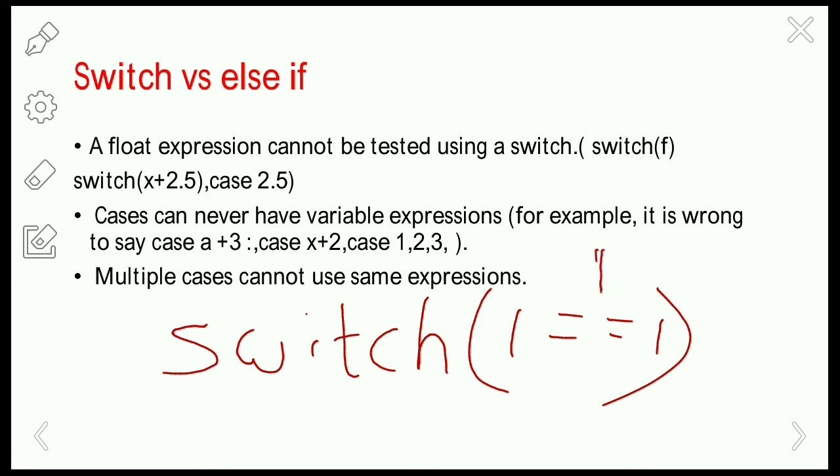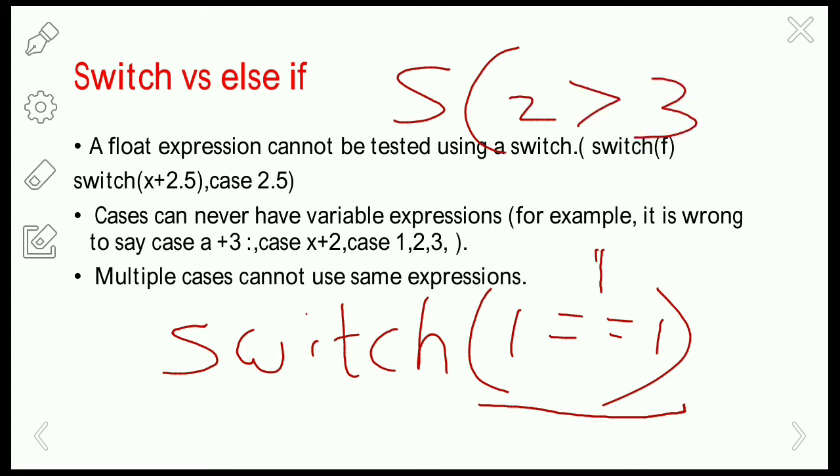If the given expression is leading to a constant value, then we can use that expression. Suppose I am having an expression like switch of 2 greater than 3. This cannot be executed here, right? Because it is not leading to any constant value.